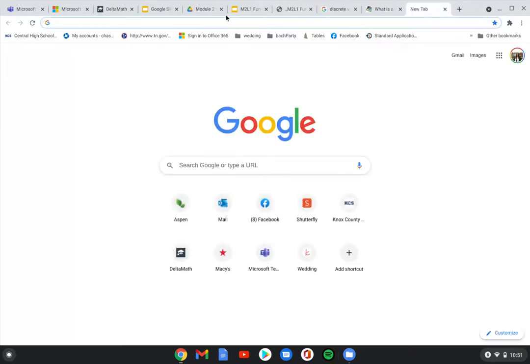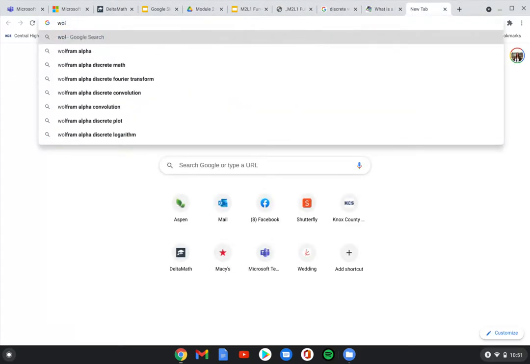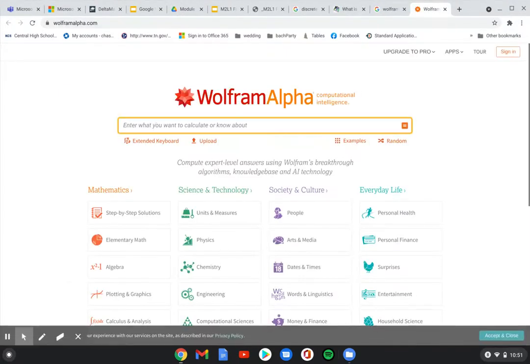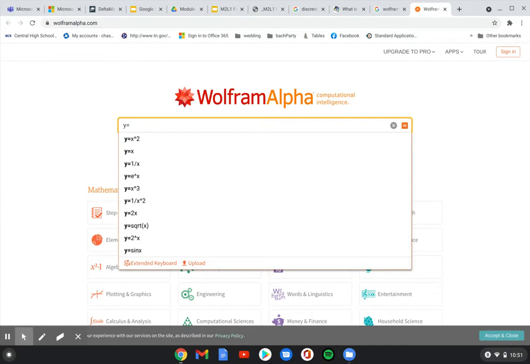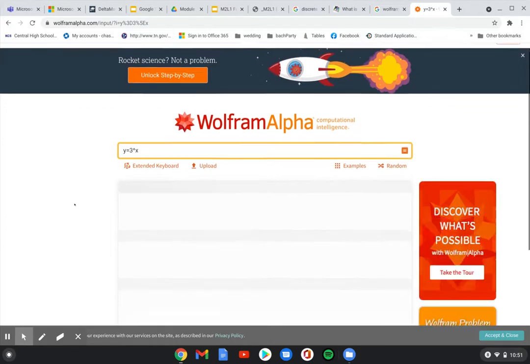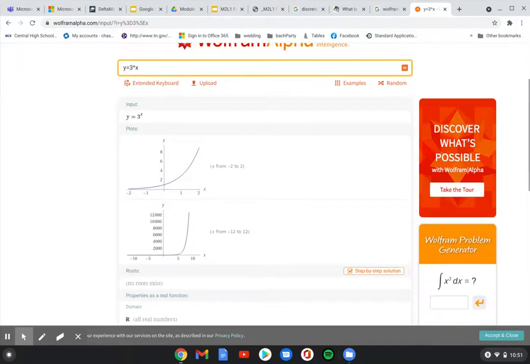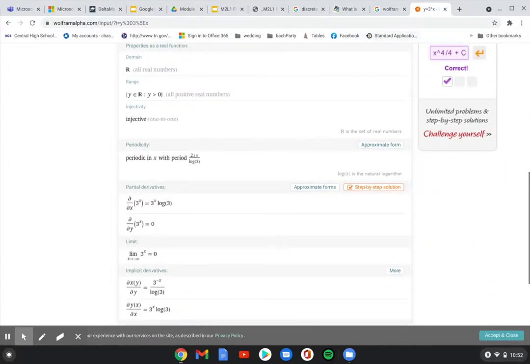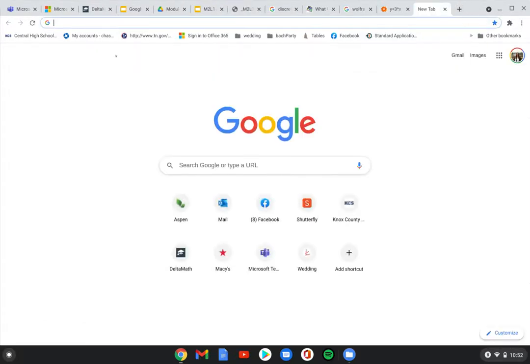So if you go to Wolfram Alpha and I do y equals 3 raised to the x power. Look at this. Or you can go, let's see, that one's a little intense.